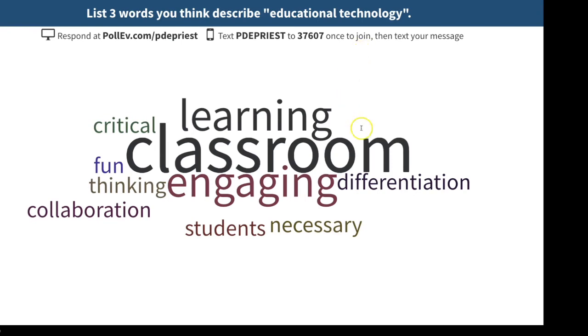Okay, so you can see how as my students put in words, the more times a word was put in, the bigger it got. And so we're going to go to the next poll, which is on the next slide.